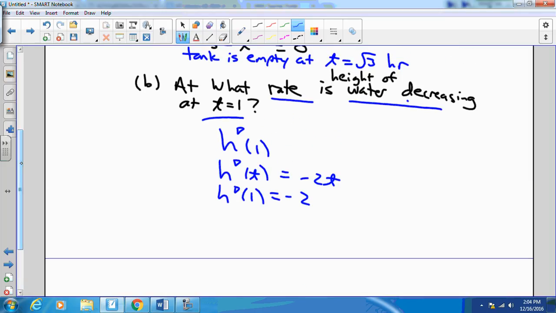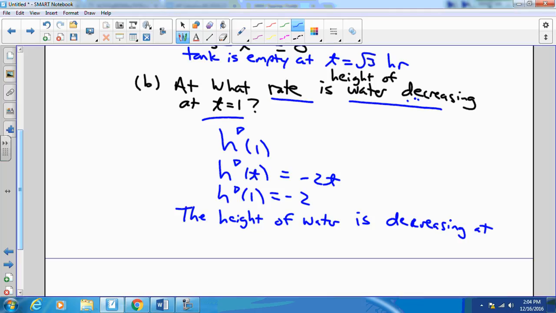But we need to package our answer in the terms of the problem. And again, we reach back to the problem to find that language. So we would begin by saying, how about just the height of the water is decreasing at a rate of -2 meters per hour.